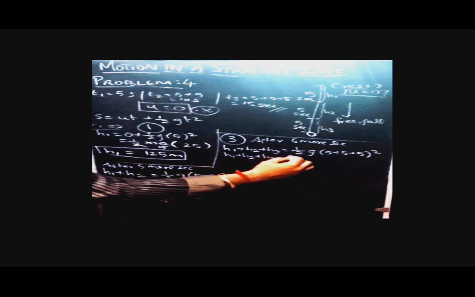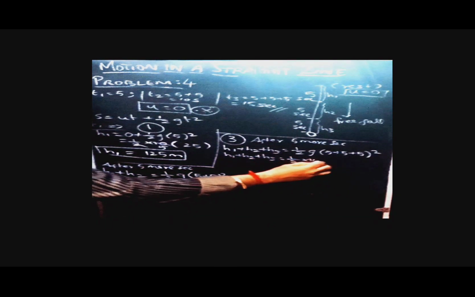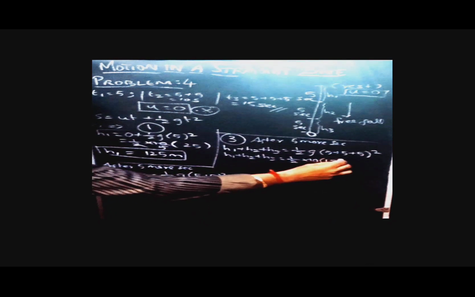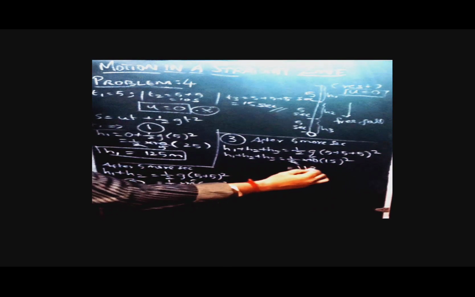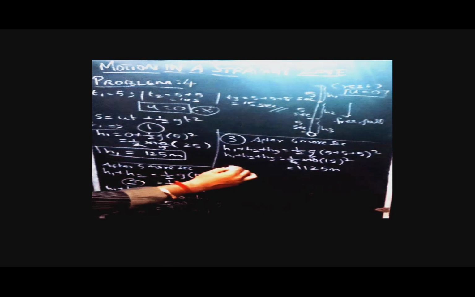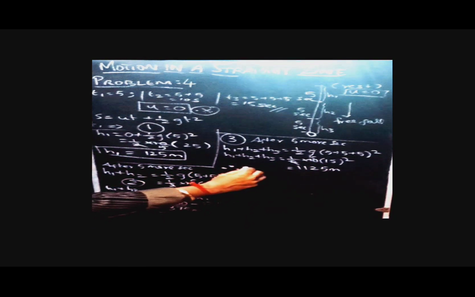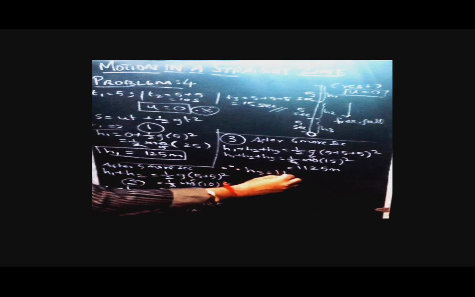So it is half into 10 into 15 square. The 2 and 10 get cancelled, you will get 5. So 5 into 15 square is nothing but 1125 meters. So h1 plus h2 plus h3 is equal to 1125 meters.